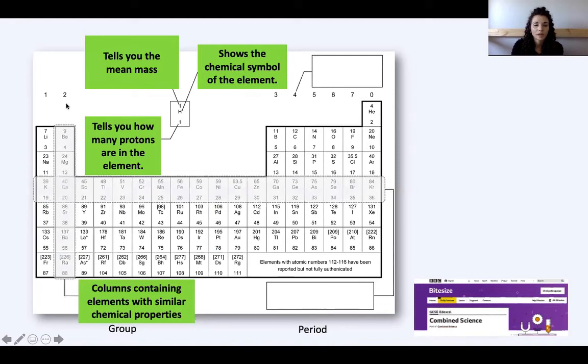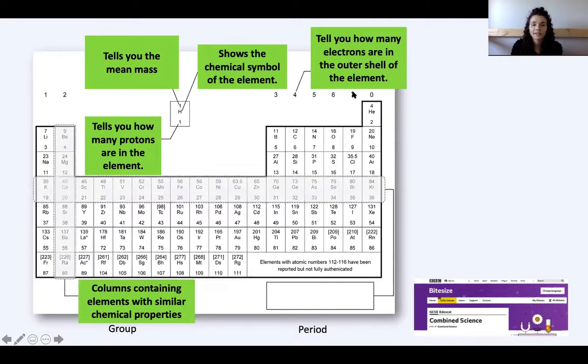You've got these numbers at the top here that tell you how many electrons are in the outer shell of the elements in that group. So for example, group 1 all have 1 electron in their outer shell. Group 2 have 2 electrons in their outer shell. Group 3, you've got the idea.